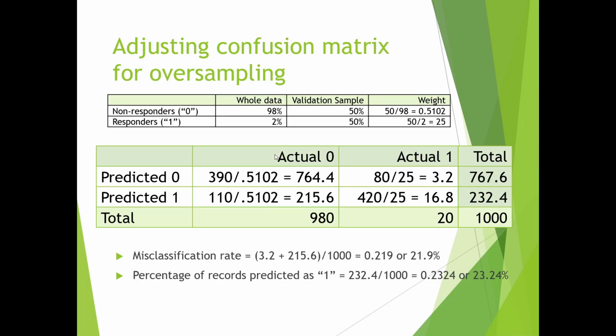Predicted 0, actual 0 here, for non-responders the weight is 0.5102, so you divide these two numbers by 0.5102. The weight for responders is 25, so you divide this by 25. Because in the oversampled set, we had 25 times more responders. So therefore, we have to adjust for that.